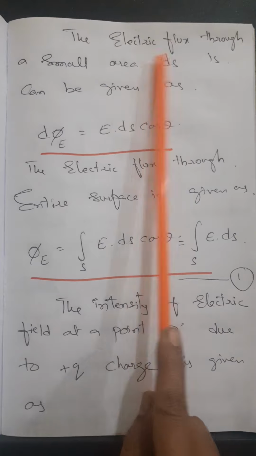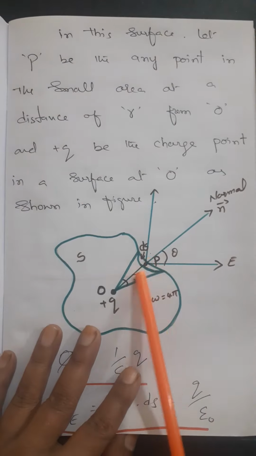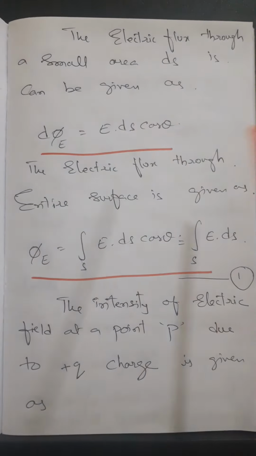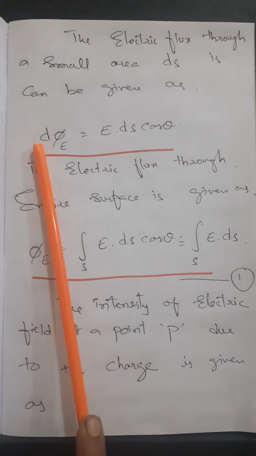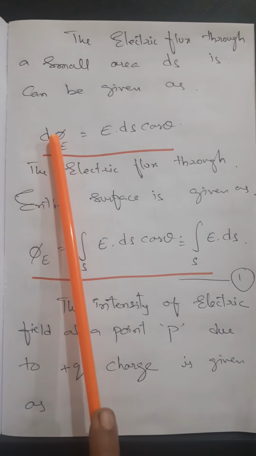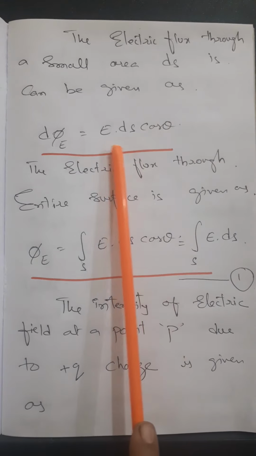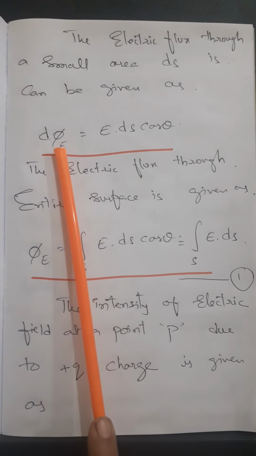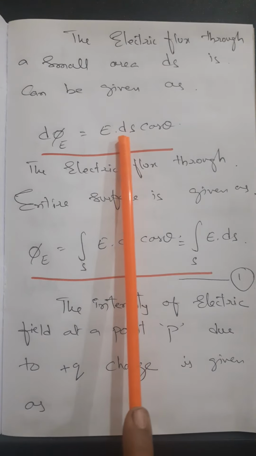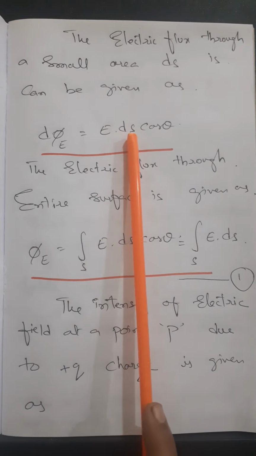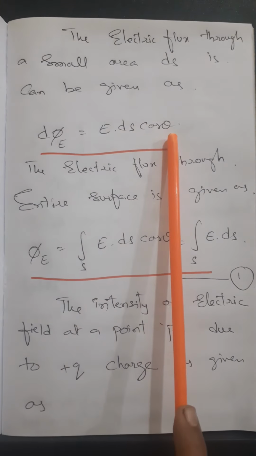The electric flux through a small area ds is d phi E, and for the smaller one we write d. So d phi E is equal to E dot ds cos theta. The electric flux is the product of the electric field and the area, taking the surface in the form of components, that is ds cos theta.